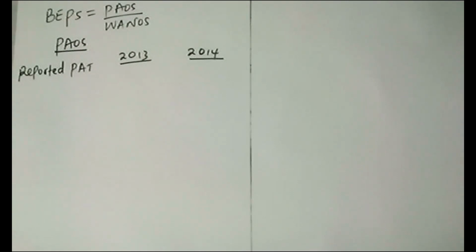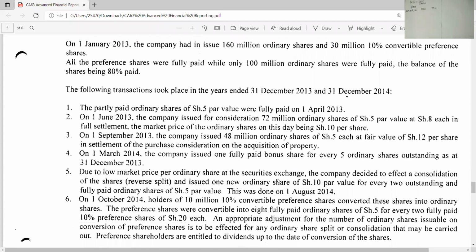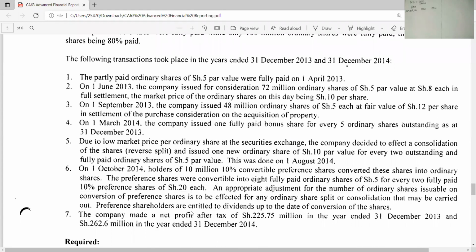But in this scenario, it is just one profit figure given for the 2 years respectively.